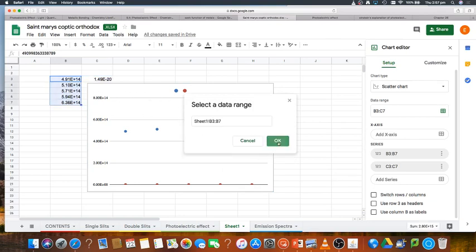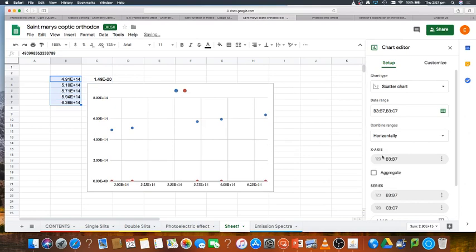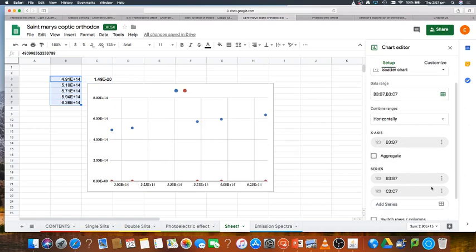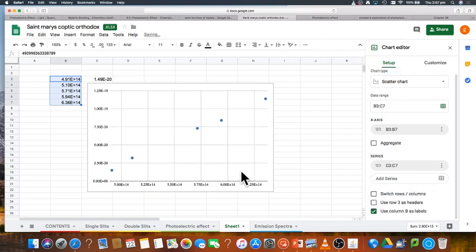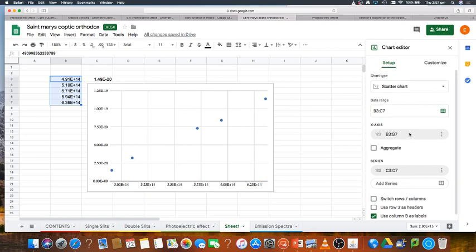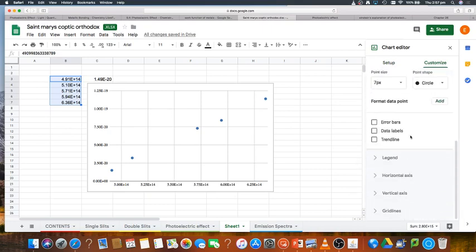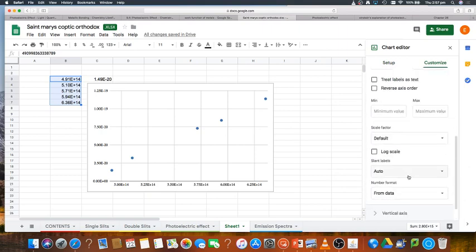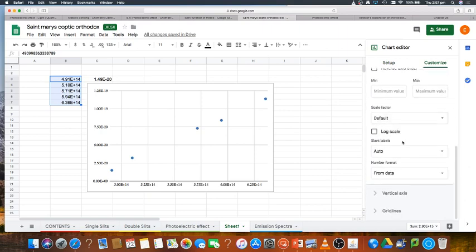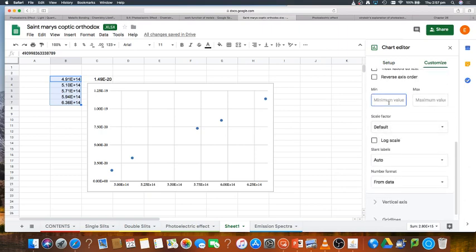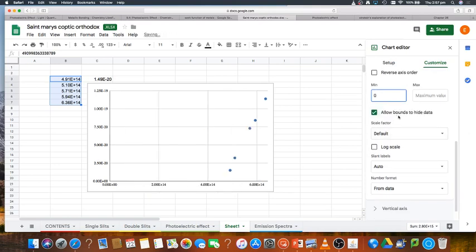My x-axis. And let's delete that one. Okay, there we go. I'm also going to do a couple more things. Put some zeros on there, minimum value 0.